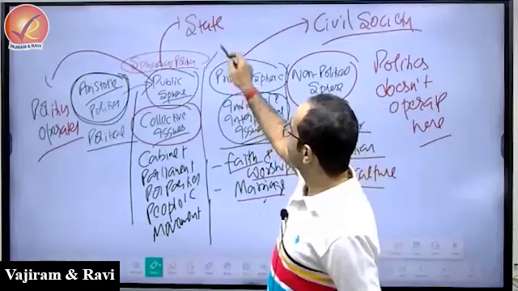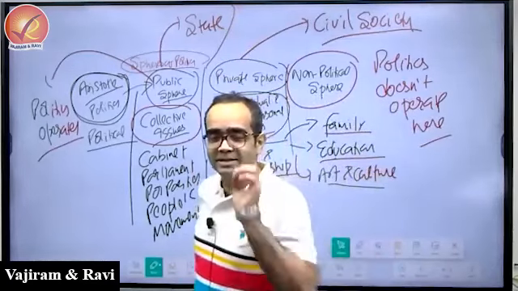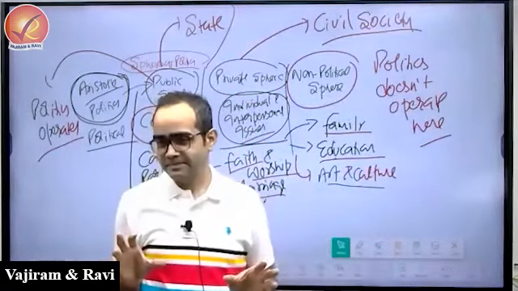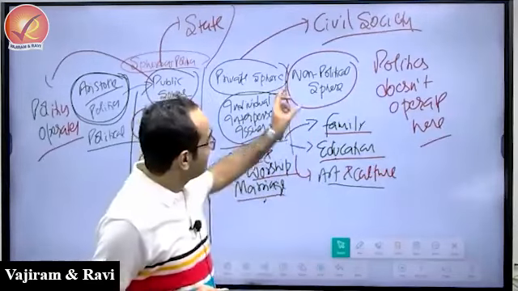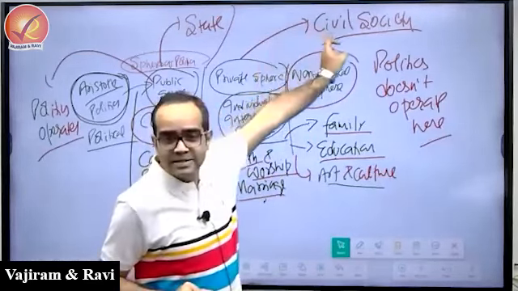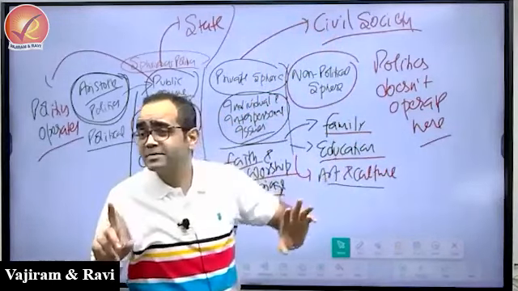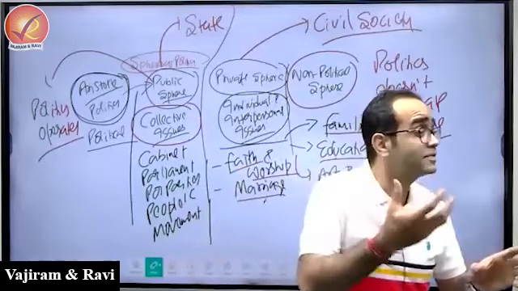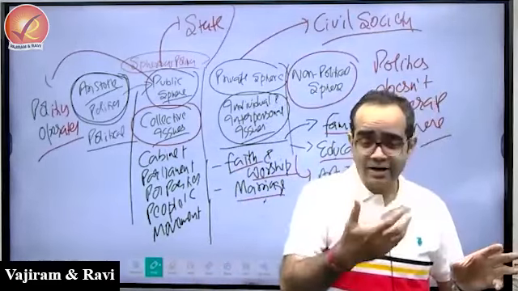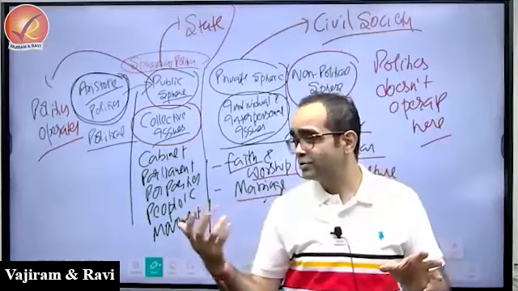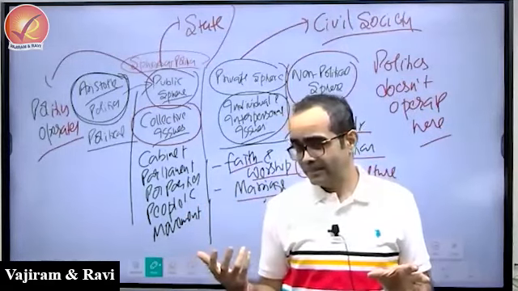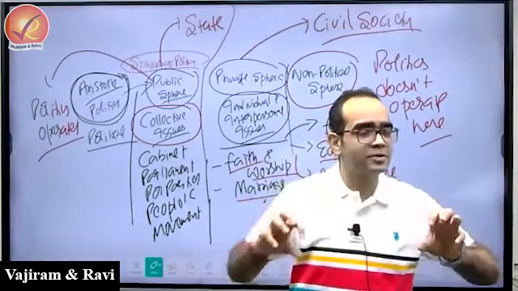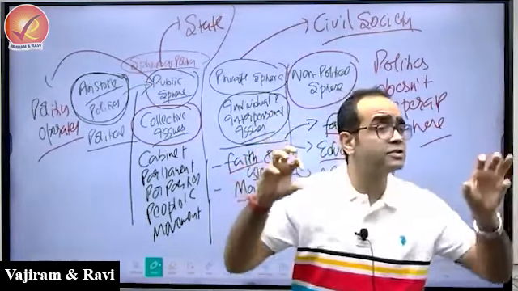It means politics is concerned with the state, while civil society belongs to the private sphere. And is civil society autonomous of the state? Not in control of the state, free from control of the state. So that's why you find the difference between state and civil society.